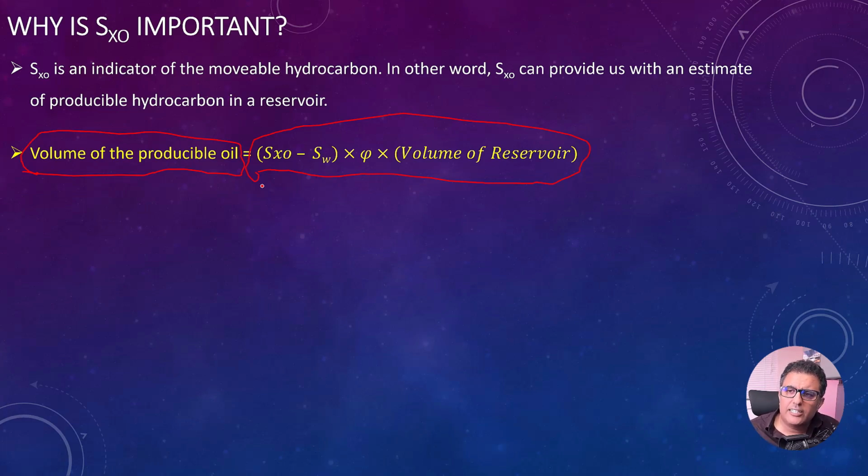If we have some estimate of SXO, it gives us some idea about how much oil we can produce from the reservoir. So a greater SXO means that we can produce a higher volume of oil from the reservoir. And in the case that SXO is equal to SW, which means that hydrocarbon is not movable, we are not able to produce any hydrocarbon from the reservoir. So that's the reason SXO is important as well.